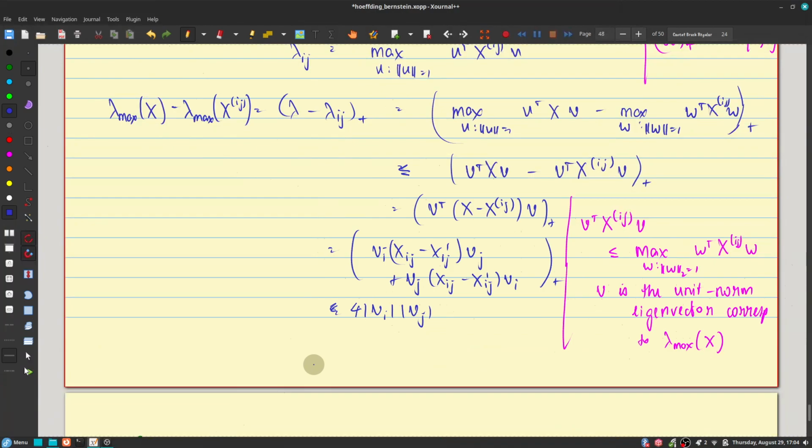So essentially what this says is that if I replace the ijth entry of the random matrix X with an independent and identically distributed copy, then the largest eigenvalue can only deviate by this particular amount in the positive direction.